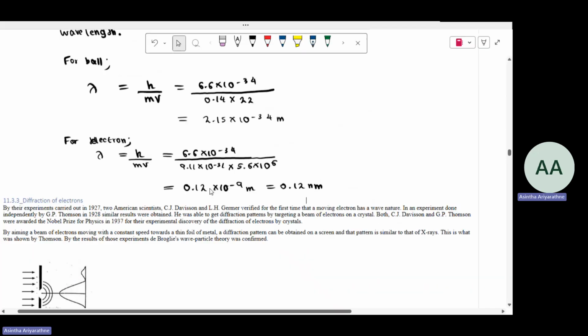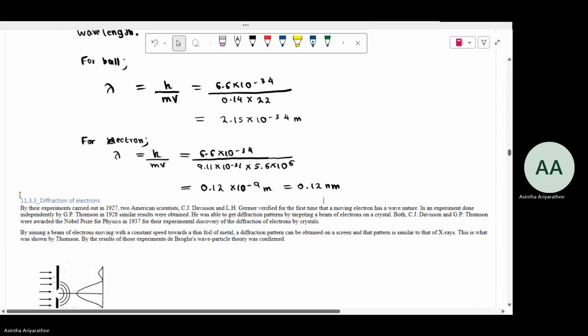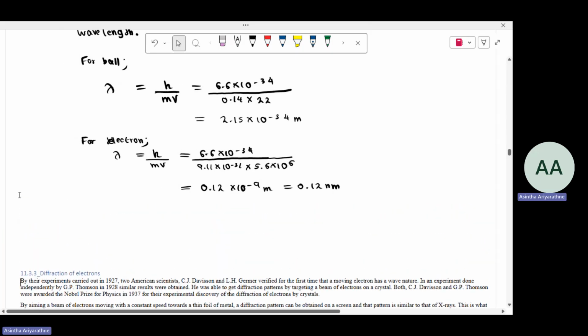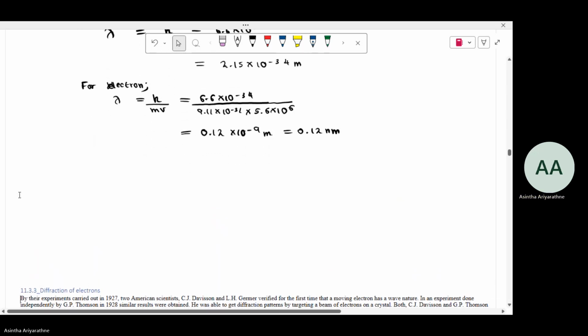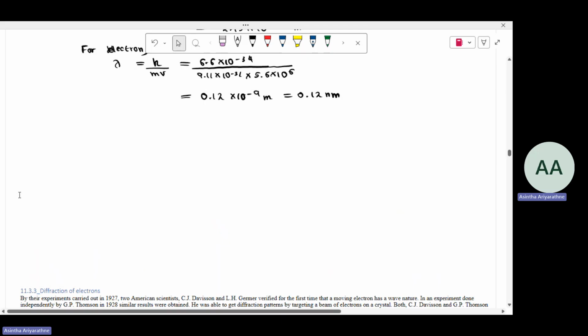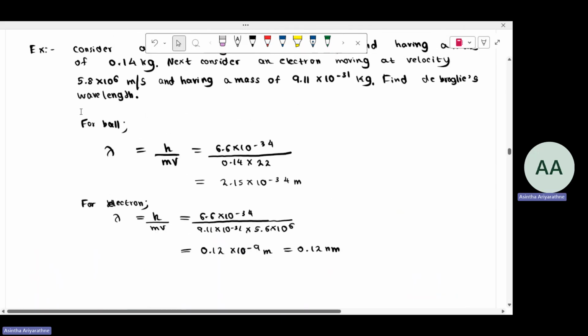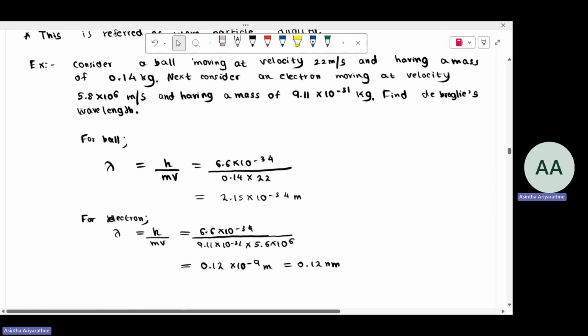So here we can see clearly, and we already know from our intuition, that the electron is more biased towards the nature of a wave than a ball. And a ball, from our childhood we consider as a particle, right? We don't consider it as a wave.